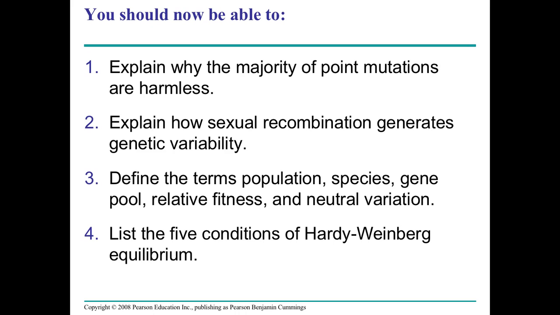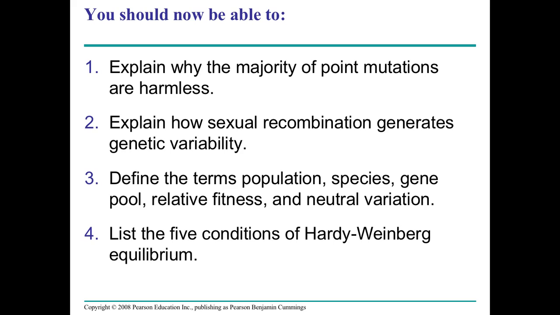So that is the end of this chapter. You should now be able to explain why a lot of point mutations are harmless. Explain how sexual recombination generates different variation in genes. You need to be able to tell me what population, species, gene pool, relative fitness, and neutral variation are.